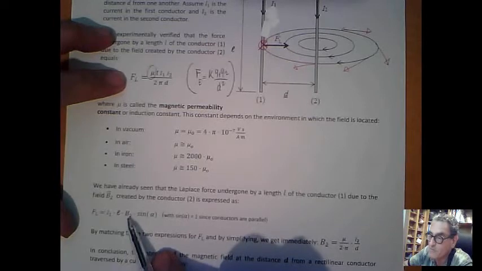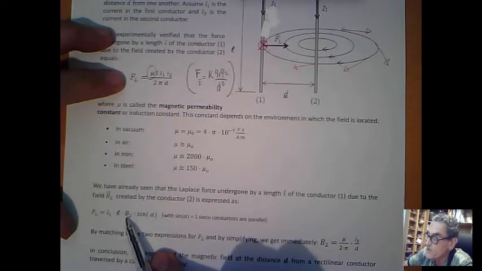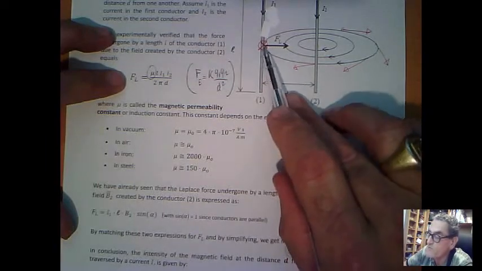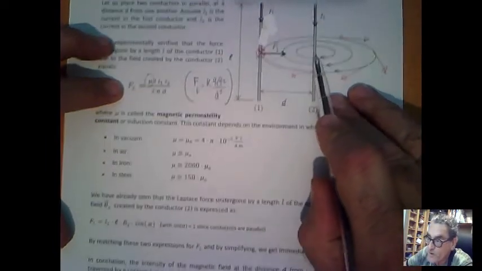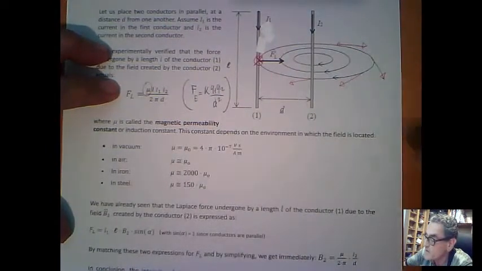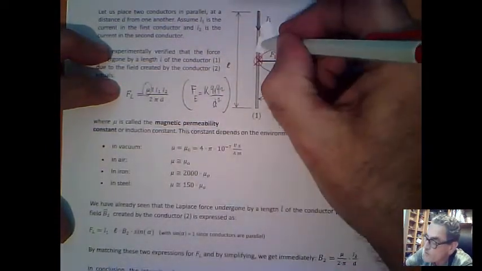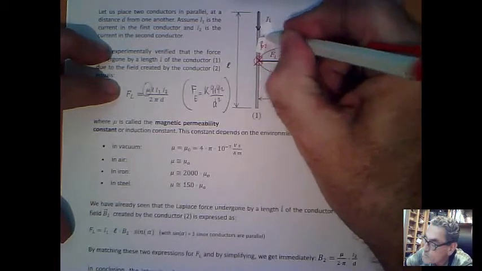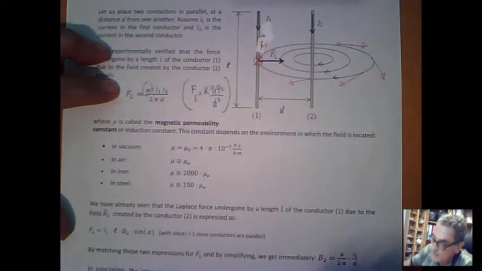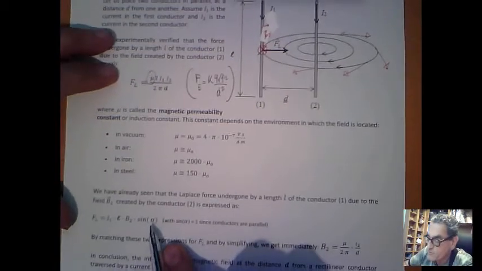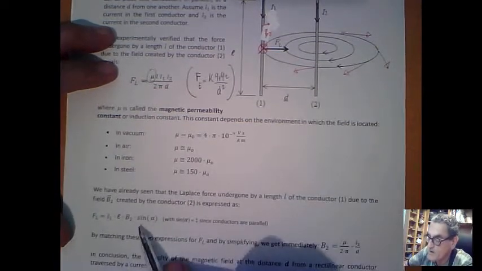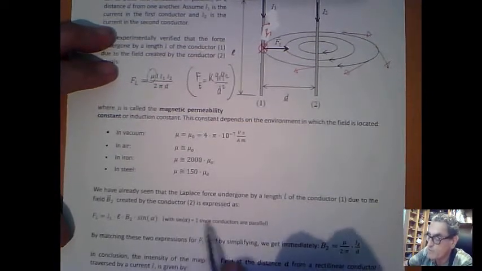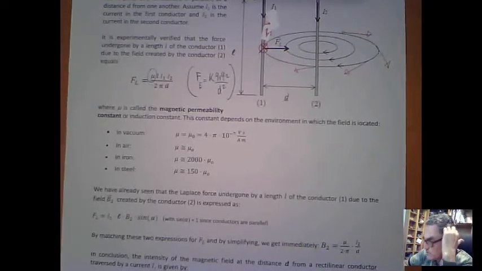This is the ILB formula, times the magnetic field B2, because the magnetic field which influences wire number 1 is created by wire number 2. So I should call it here B2. And I will take sine alpha, which is equal to 1 because the angle is 90 degrees.